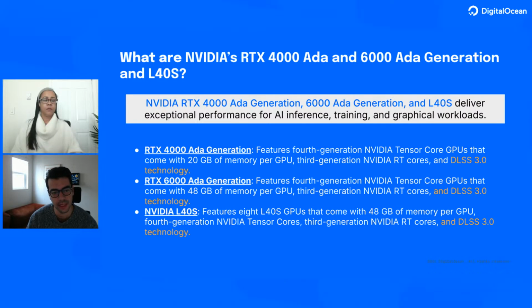They're all based on the ADA Lovelace architecture. They all come with 4th generation tensor cores. They deliver more than twice the AI performance of the previous generation. And on top of it, you'll see that 4000 ADA comes with 20 gigabytes of memory per GPU, whereas 6000 ADA and L40S come with 48 gigabytes of memory per GPU.